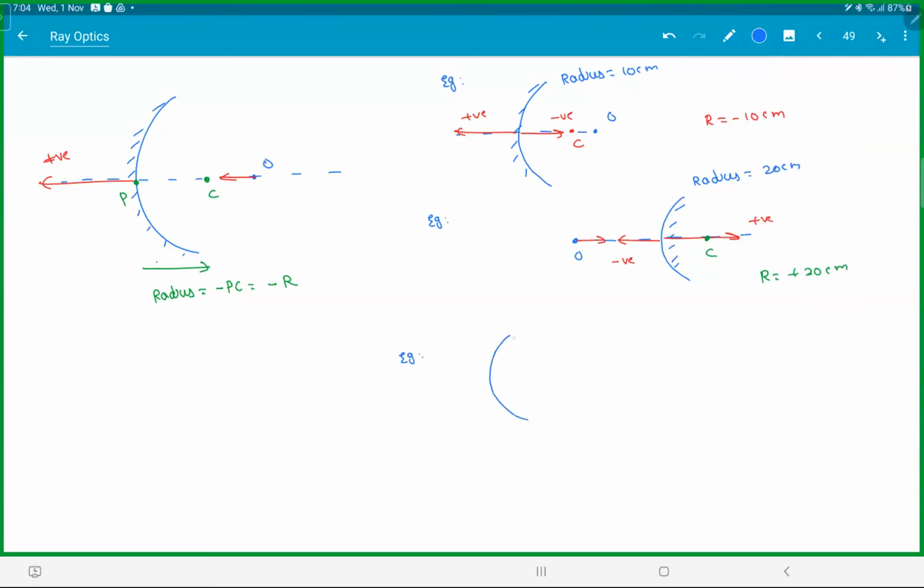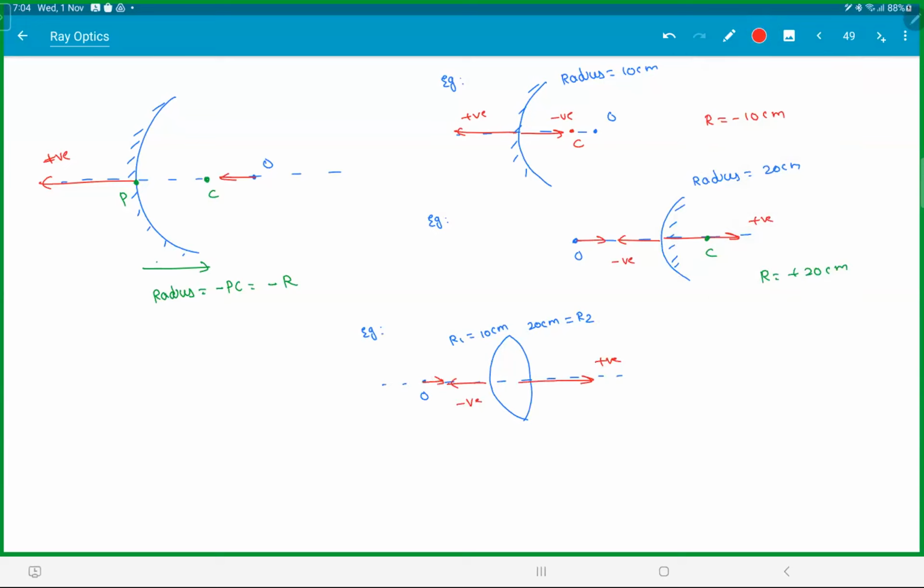Suppose you take a lens like this, one side is 10 centimeters, this side is 20 centimeters. Let's call this R1 and R2. And let's say object is here. अब इसका क्या होगा? So this is positive, this side is negative because light rays will go this way.